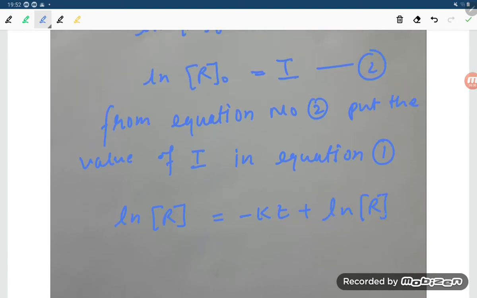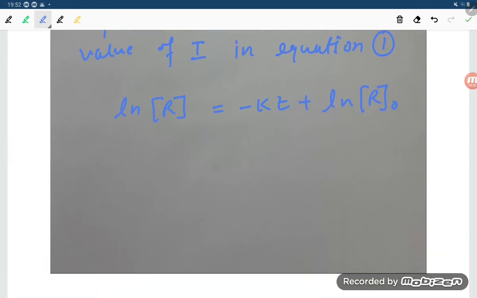Now kt you take this side, so the negative will become positive. So kt is equal to ln R naught minus ln R.